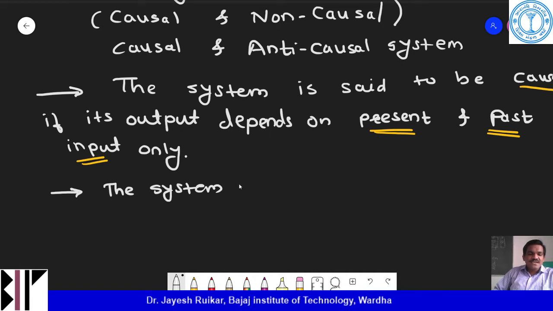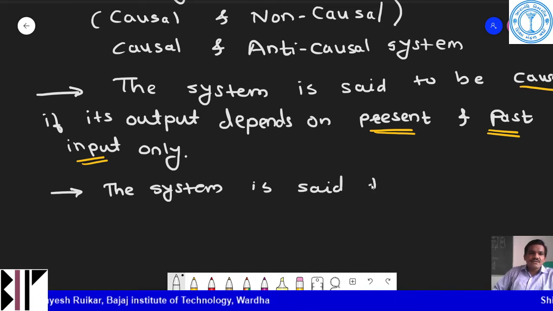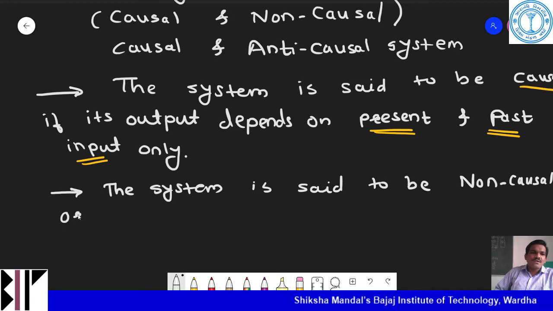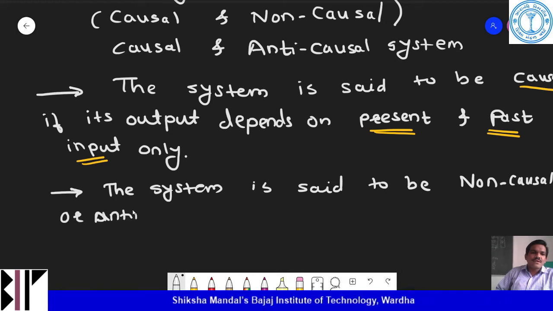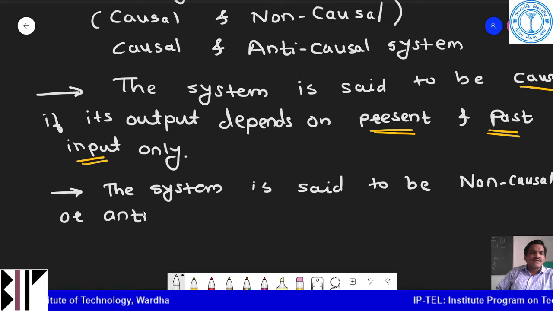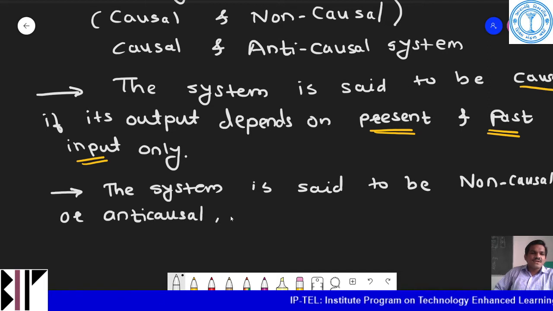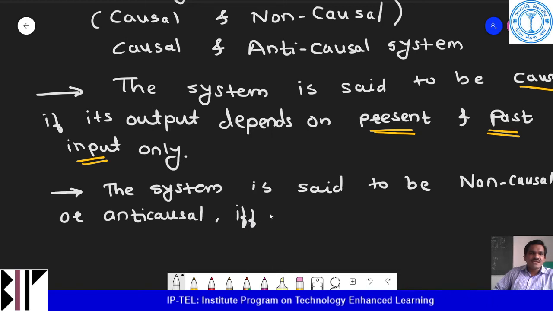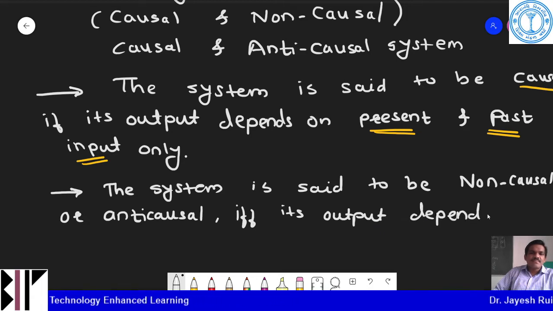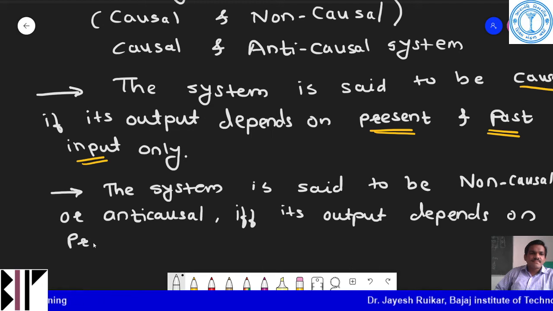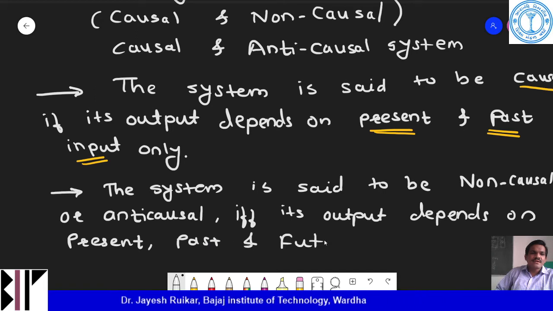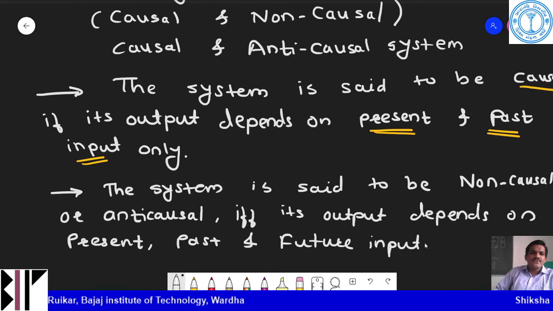The system is said to be non-causal or anti-causal if and only if its output depends on present, past and future input.